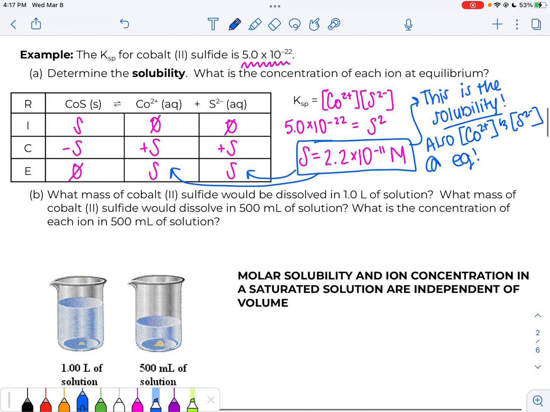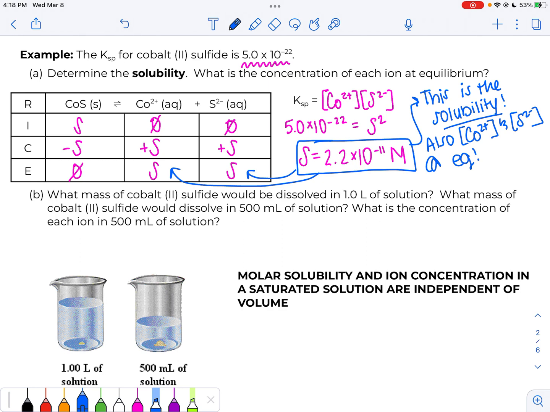All right, this next part, part B, is asking what mass of cobalt(II) sulfide would dissolve in 1 liter of solution, and what mass would dissolve in 500 milliliters of solution. Then we're also going to find the concentration of each ion in 500 milliliters of solution.